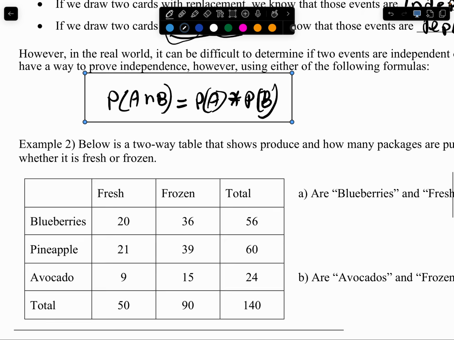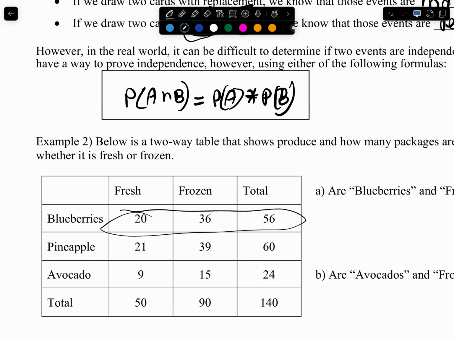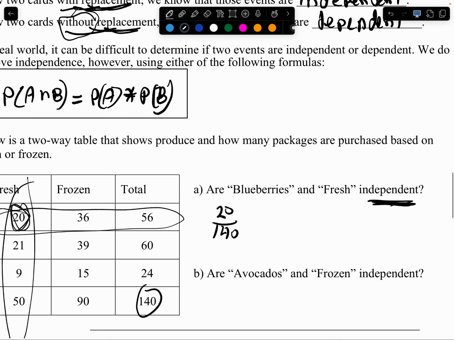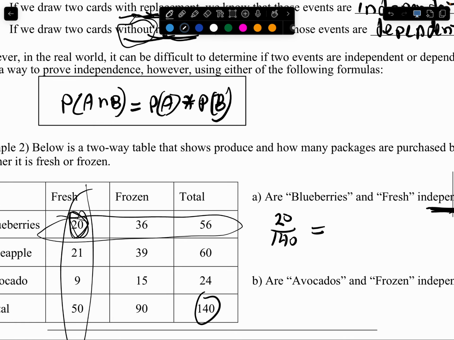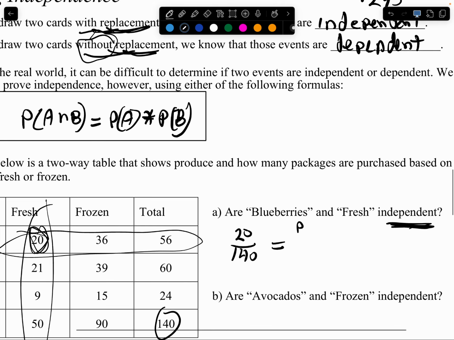So blueberries and fresh. So 20, and we could put the fractions on the bottom. We will, out of 140, because that's the total for all the fruits. And fresh, so we've got the intersection of the two, and we ask, is it equal to just the probability of blueberries times the probability of fresh?